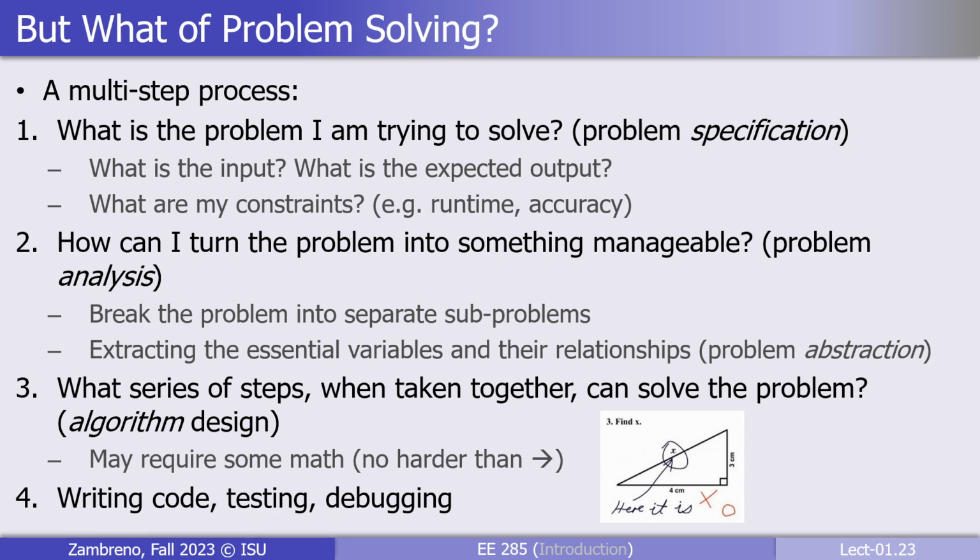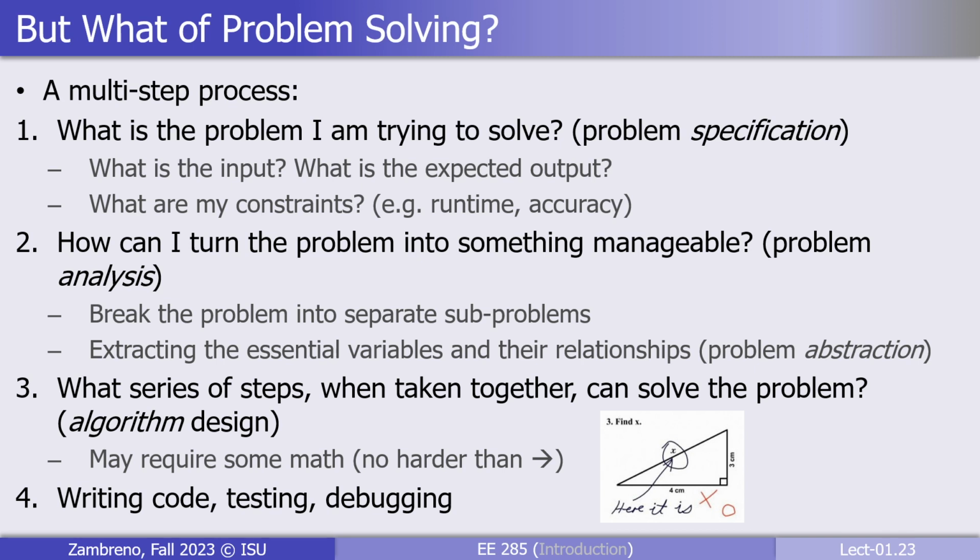And when someone refers to an algorithm, that's a whole term of art in computer science, and there are a lot of formalisms associated with it. As EE students, you may not get too much more in depth in algorithm design beyond what you will learn this semester. In practice, what that really means is just what is the math I need to get from my input to the essential variables to eventually my output. We keep the math pretty reasonable this semester.